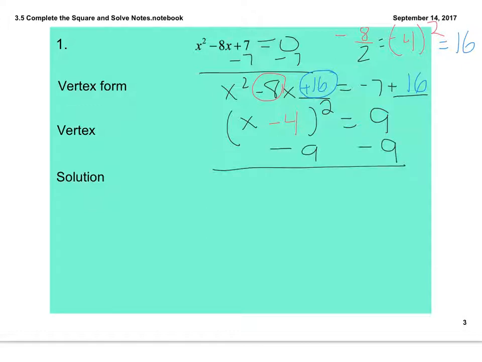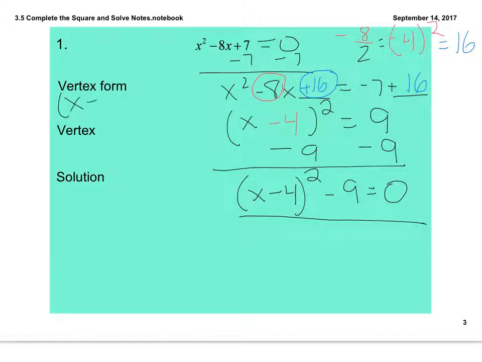When I subtract 9 from both sides, I cannot subtract it from anything inside the parentheses, because the quantity is x minus 4 squared. So I'm left with x minus 4 quantity squared minus 9 is equal to 0. This is my vertex form. So my vertex form here, again, is x minus 4 quantity squared minus 9 is equal to y. That is my vertex form.